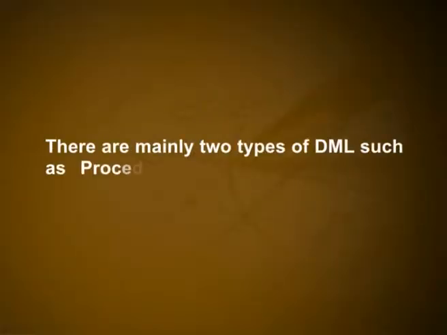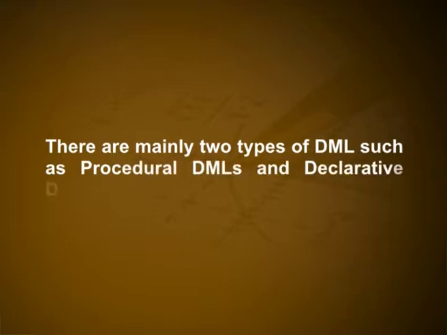There are mainly two types of DML: procedural DMLs and declarative DMLs. Procedural DMLs require a user to specify what data are needed and how to get those data. Declarative DMLs, or non-procedural DMLs, require a user to specify what data are needed without specifying how to get those data. A query is a request to retrieve the information.